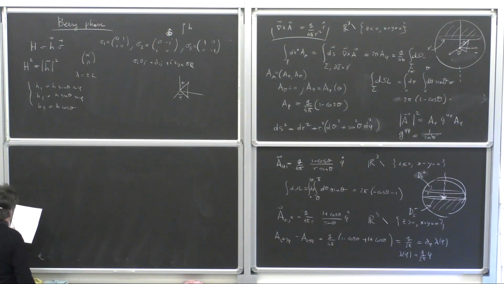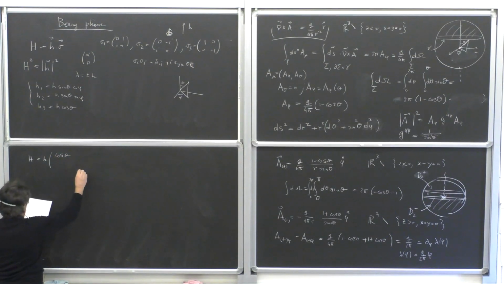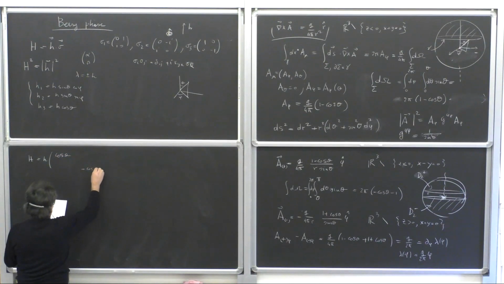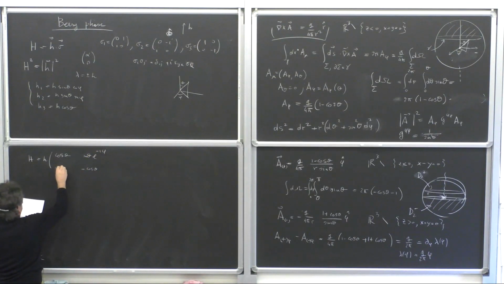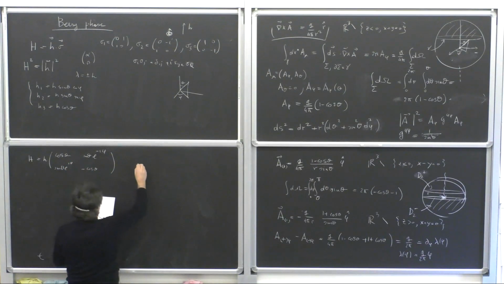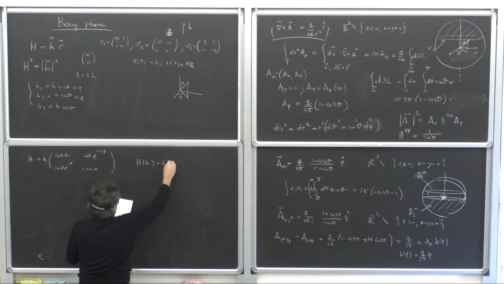The eigenstate is easy to find because the Hamiltonian is cos theta, minus cos theta, sin theta e to the minus i phi and sin theta e to the i phi. And you have, let's take the upper eigenvalue, okay?